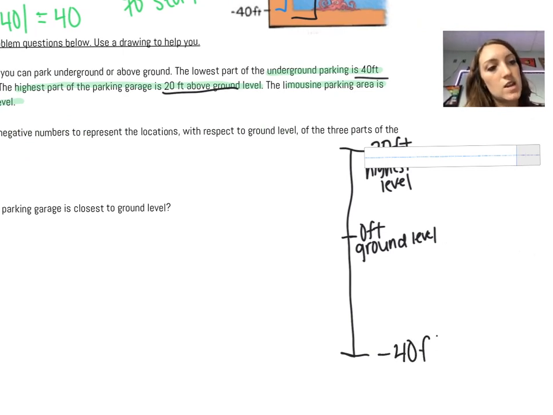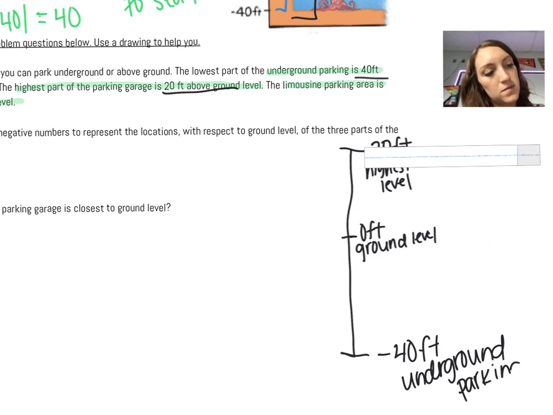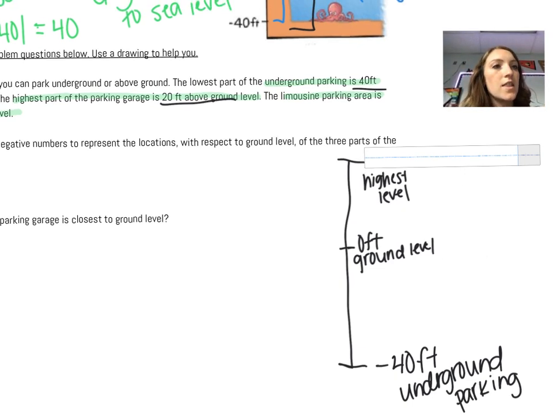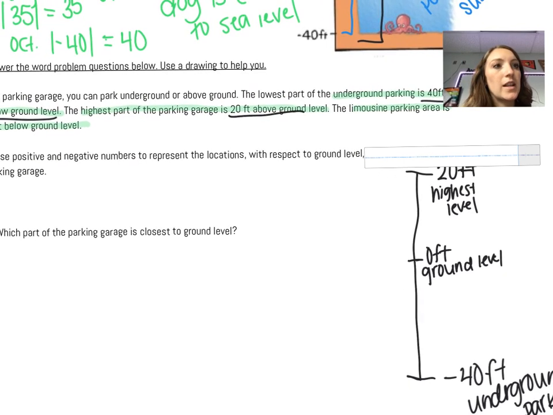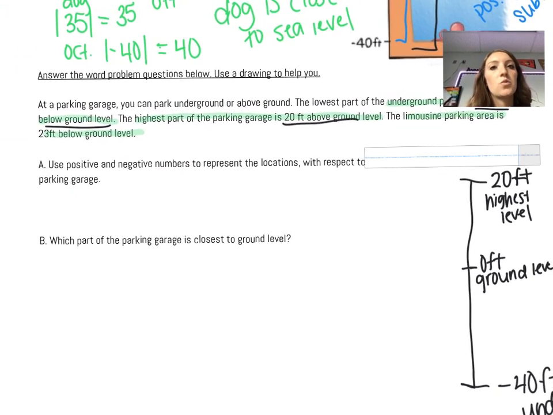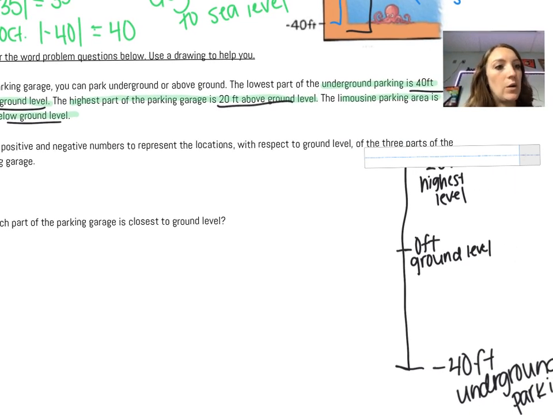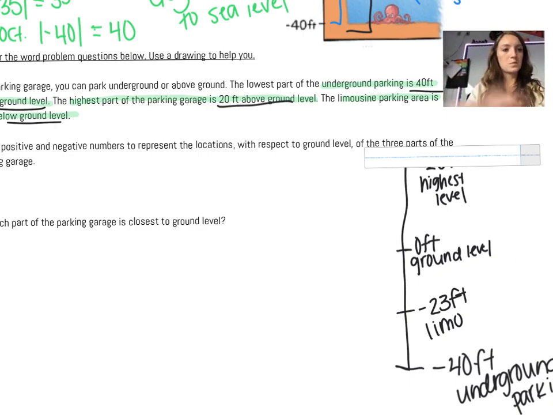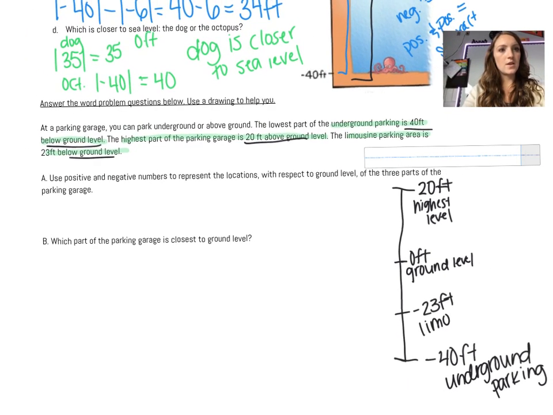My 40 feet is my underground parking. And the final part that I need to include in here is where my limos are going to be. And that's 23 feet below ground. So 23 feet below ground is our limo. Okay, so now we have a nice picture to kind of help us out as a visual with where each of these parts in this parking garage are.